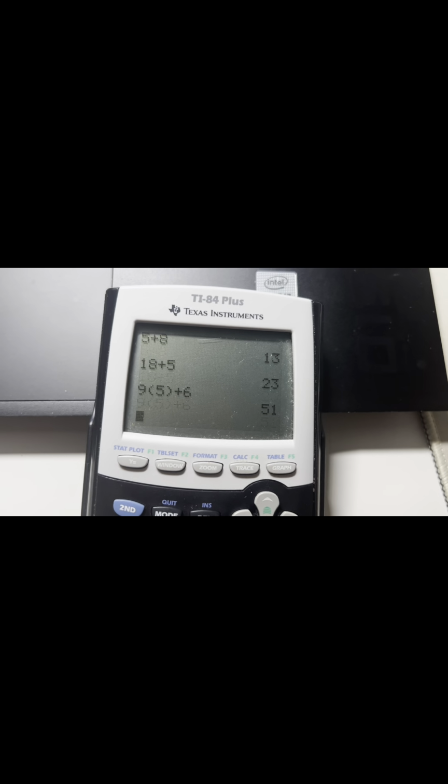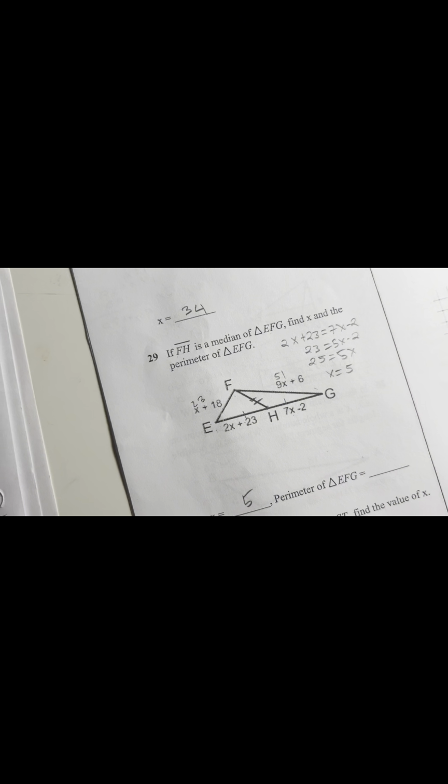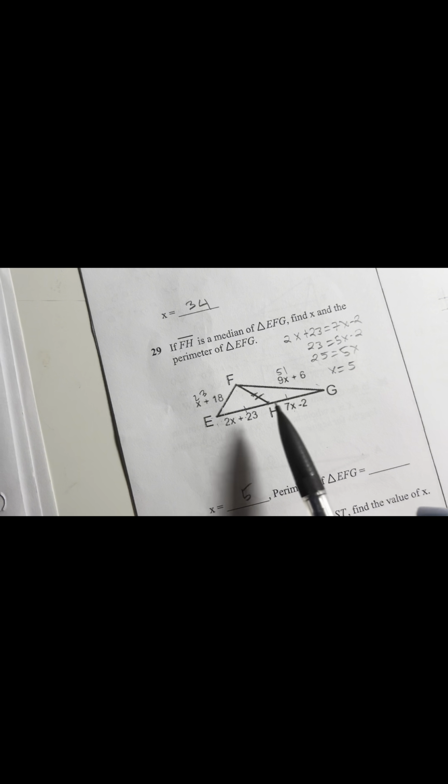Okay, and then let's find the side FG. 5 plus 6, that would be equal to 51. Right, and then let's find these two. So just find out the one. You know EH is congruent to HG, so I'm just gonna plug this in for this one and times 2 to find the whole thing.